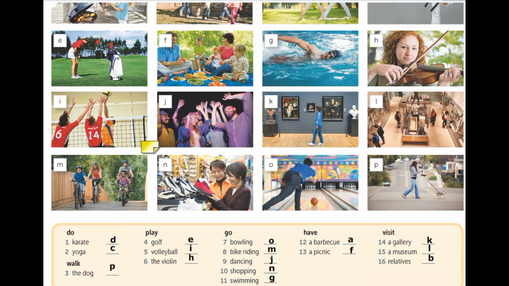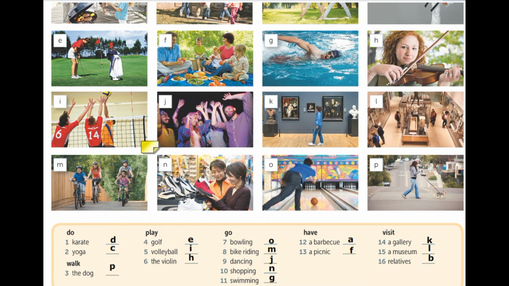So you can say play plus a sport, play plus the musical instrument, or play plus an activity, alright? So you say play the piano, play the guitar, play basketball, right?